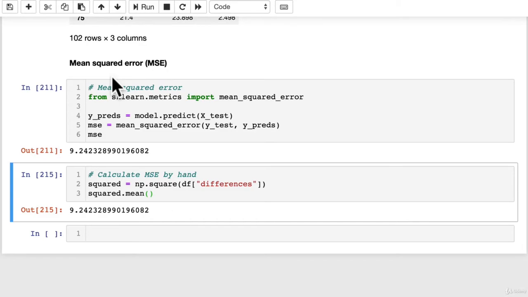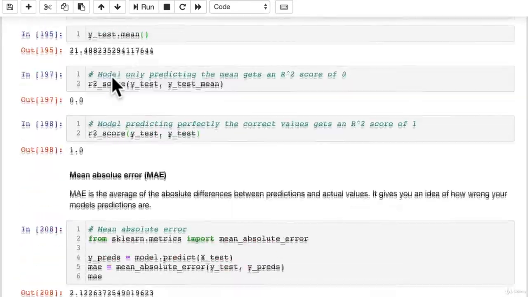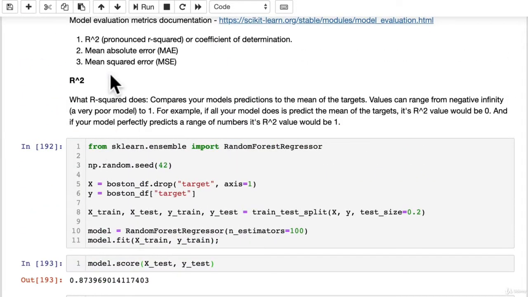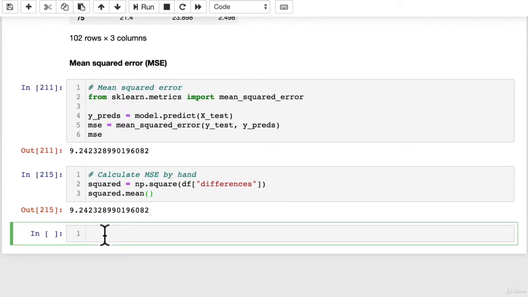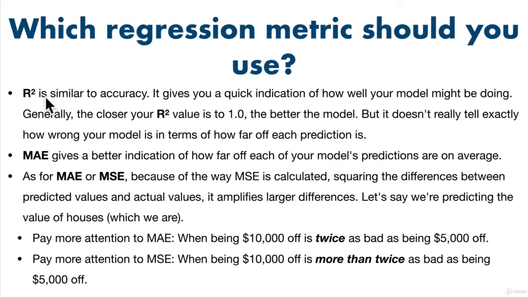That's it, right? We've covered mean squared error, we've covered mean absolute error, and we've covered R squared. Now, the next logical question is, even if you aren't asking it, which regression evaluation metric should you use? So we'll come back to the keynote. R squared is similar to accuracy, right? It gives you a quick indication of how well your model might be doing. Generally, the closer your R squared value, or coefficient of determination value, is to 1, the better the model.